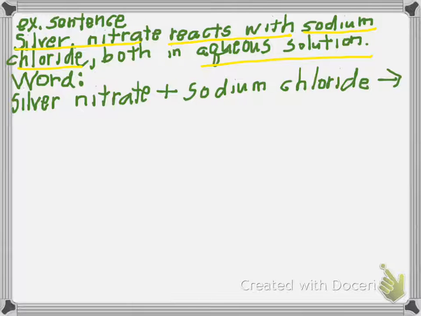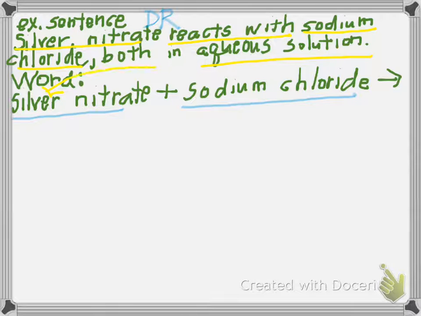So next we have our arrow. Now remember, to predict the products, I need to be able to identify this reaction as one of my 5 types. I have a compound reacting with a compound, so that's a double replacement reaction taking place here. And in double replacement reactions, the positively charged ions, or the metals, swap partners.